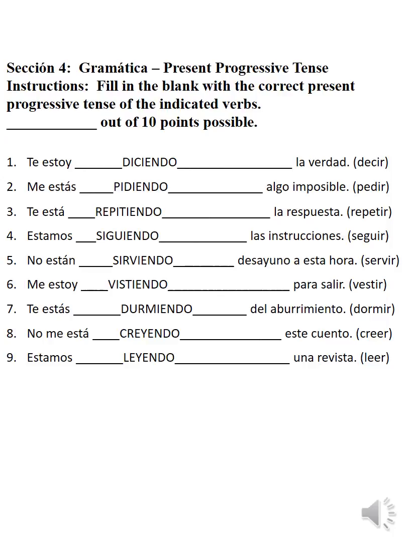So the only thing you actually need to fill in is the participle form, the word that ends in either iendo or yendo in a couple of these. These are all er and ir verbs, so you won't have any that end in ando on your test. Once again, this section will be fill in the blank. So you will need to know how to spell these.